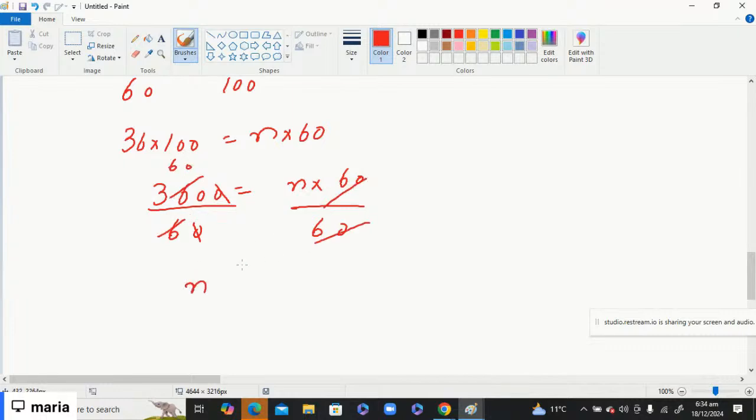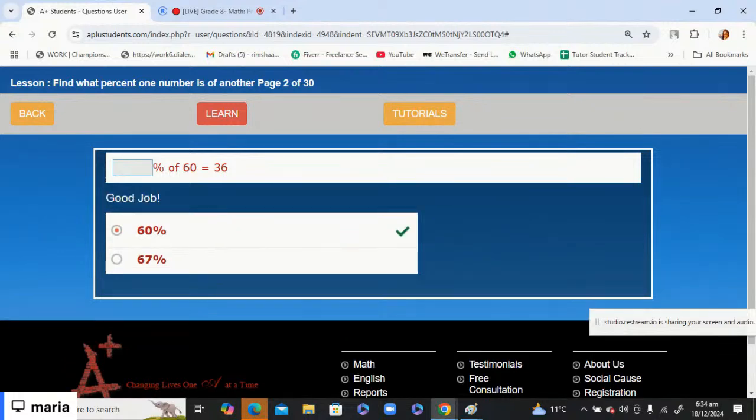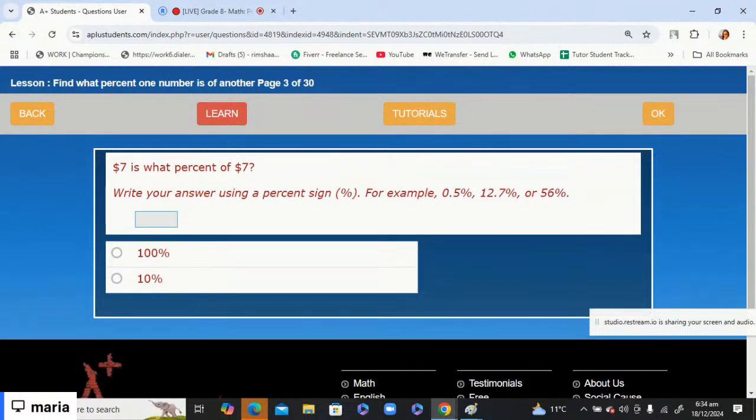So n is equal to 60%. Is it easy? This is the same way. $7 is what percent of $7? 100%.